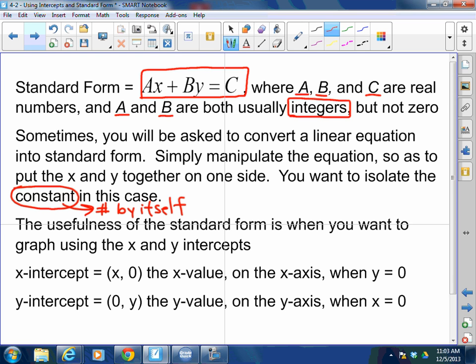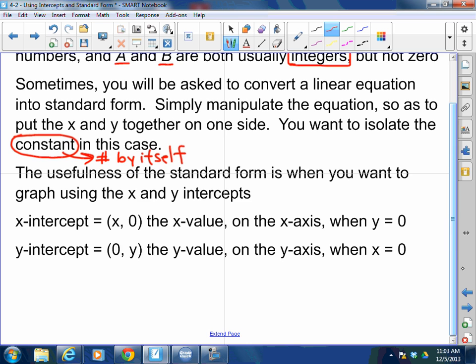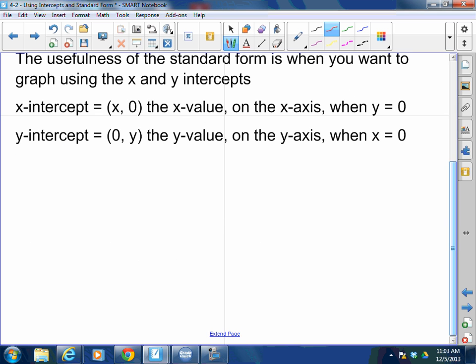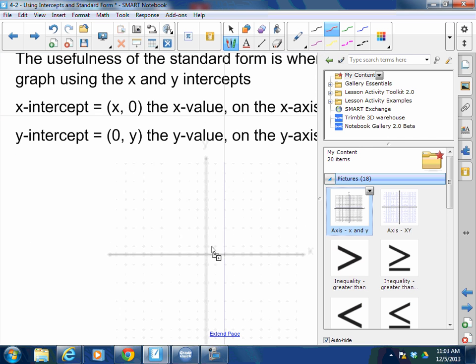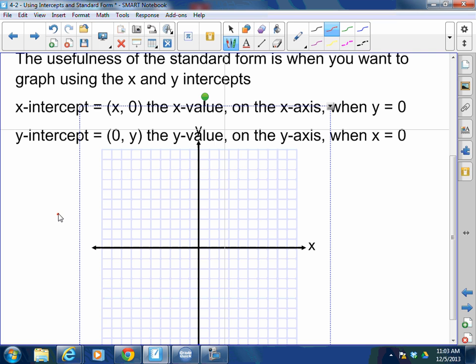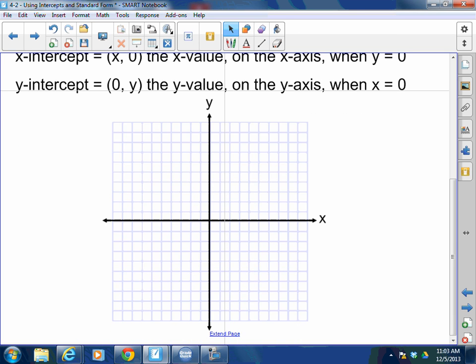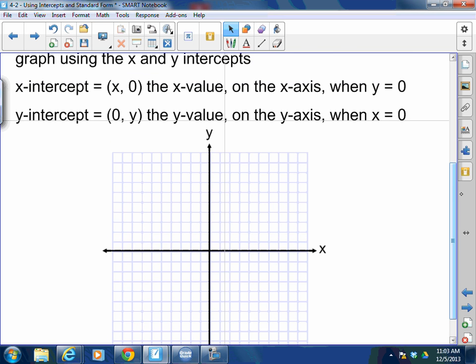Now, the usefulness of the standard form is when you want to graph using x and y intercepts. What are these intercepts, Mr. Morrow? Okay, let me explain. I want to show you a little visual here, so that you can really make sense of this. I have here that the x-intercept, we'll do that in blue, is the point (x, 0).